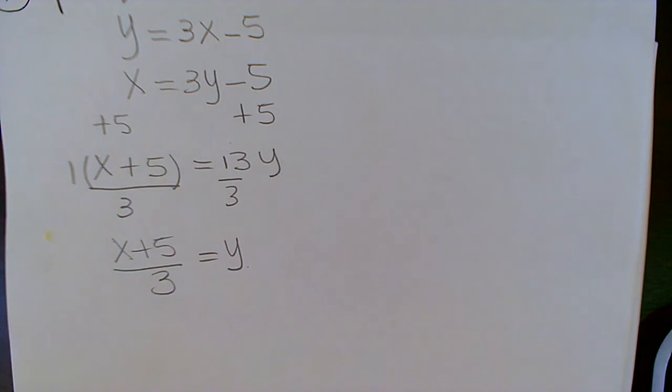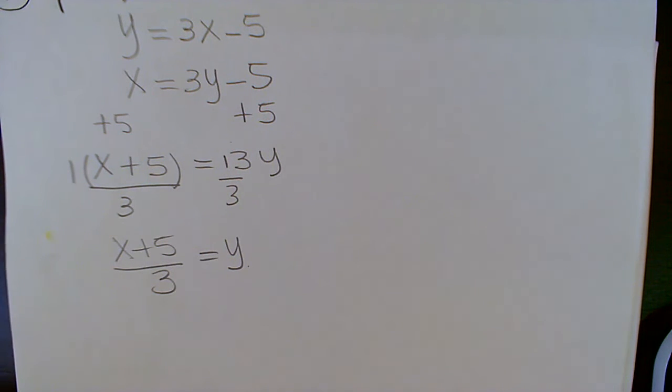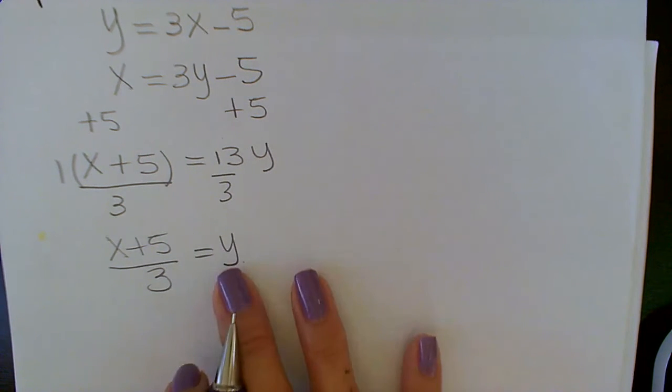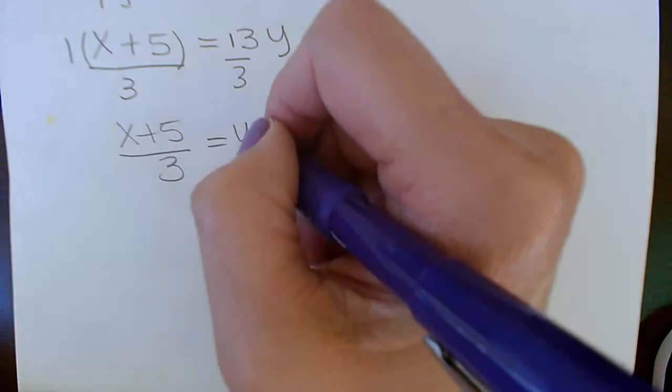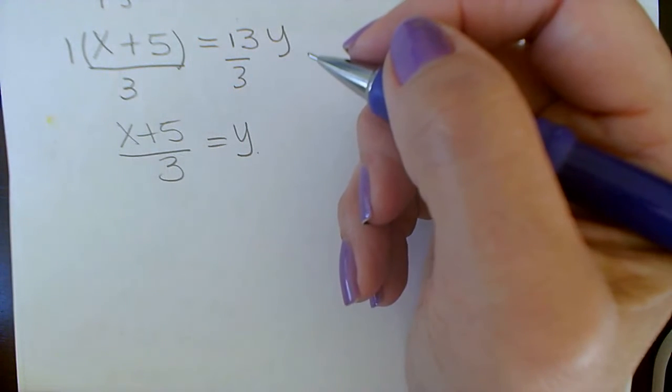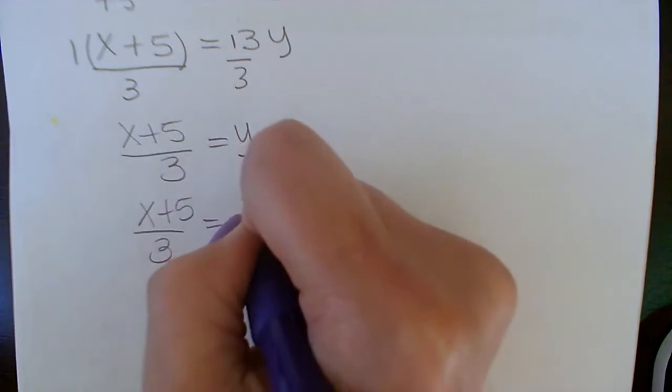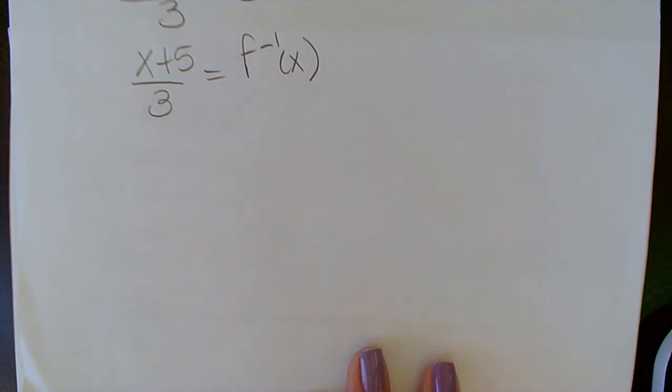Now, we're going to check and see. Let me go back. I need to replace it again. X plus 5 divided by 3, that's the inverse. Okay.